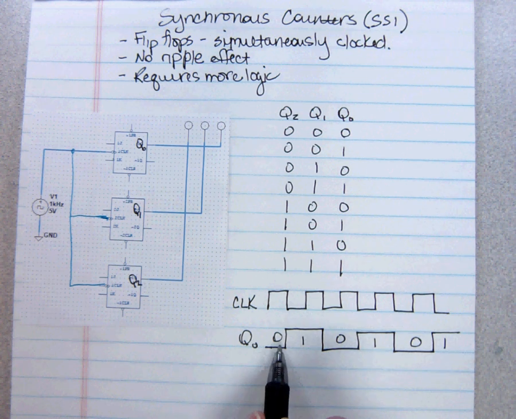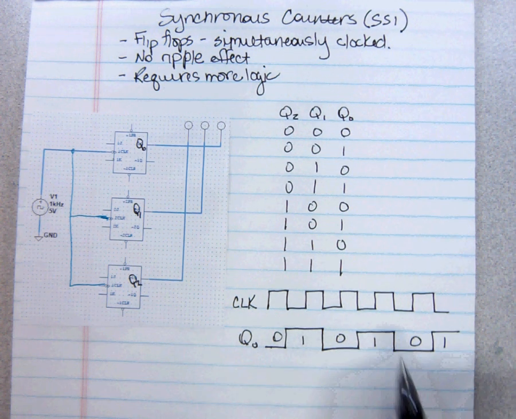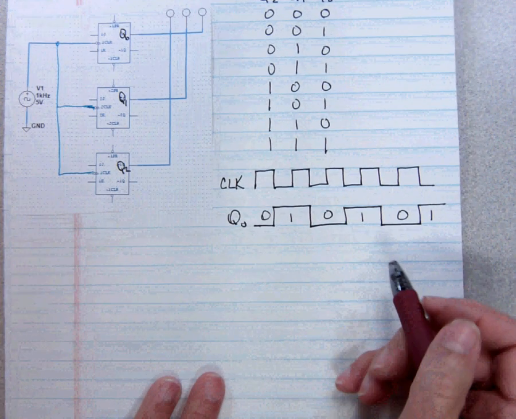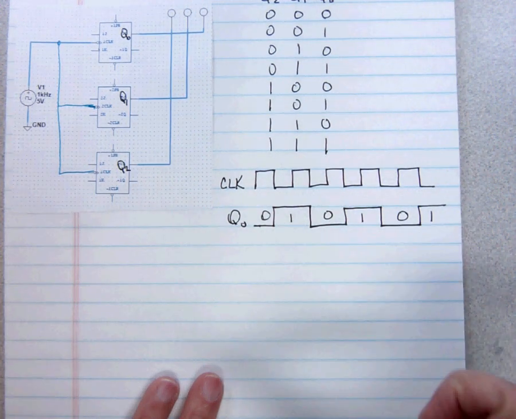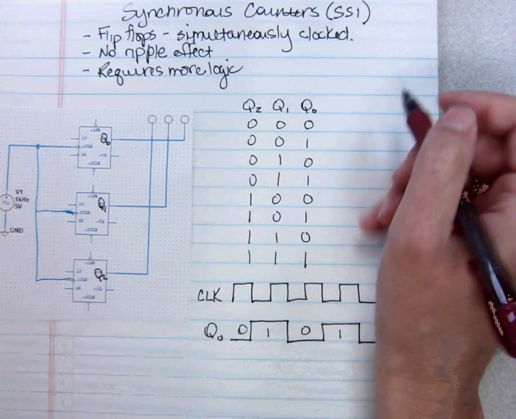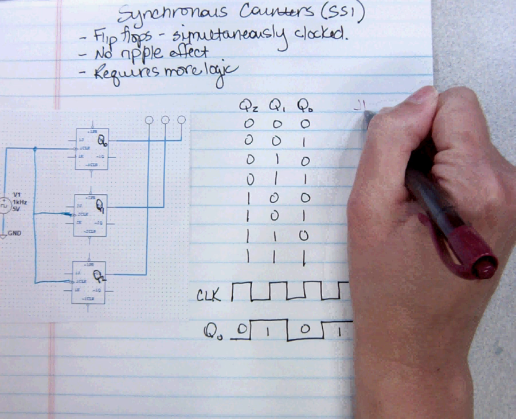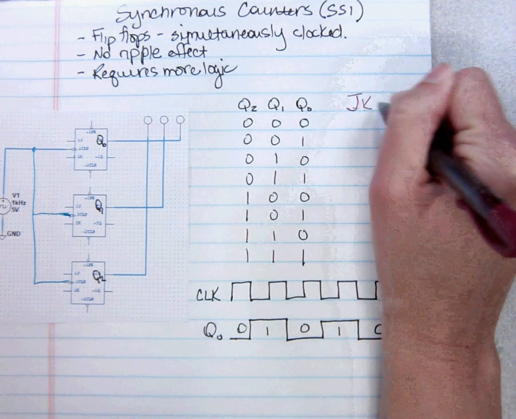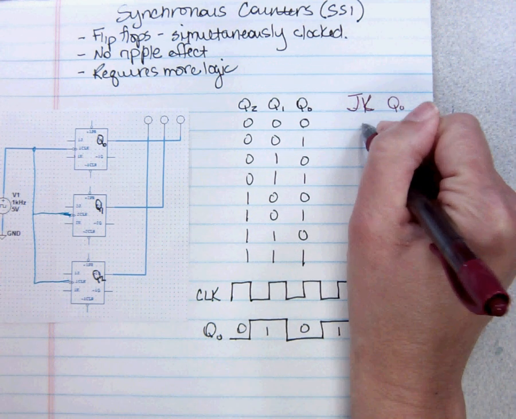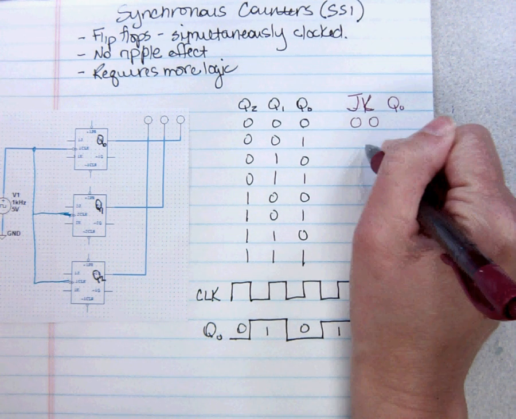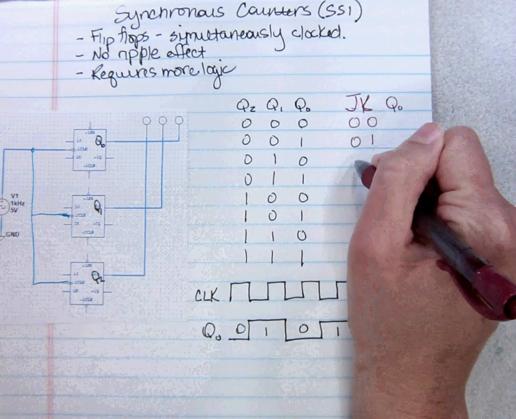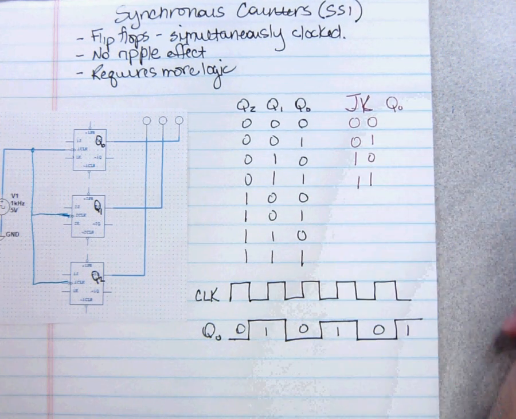Now keep in mind we want our output to toggle. Just as a little reminder, our JK flip-flops work like this. I have J, K, and Q0. The possibilities for J and K are 0, 0, 0, 1, 1, 0, and 1, 1.